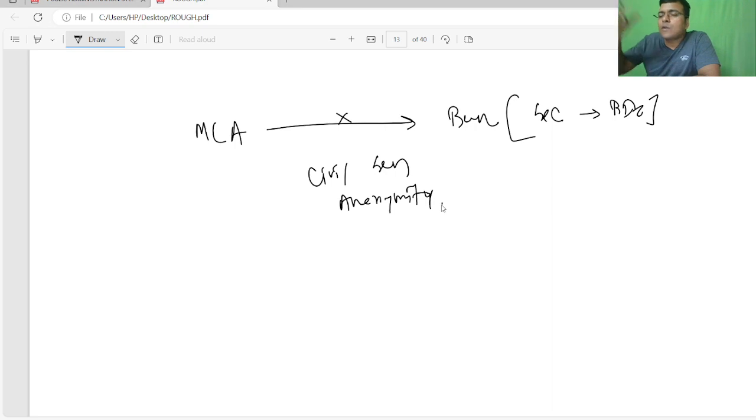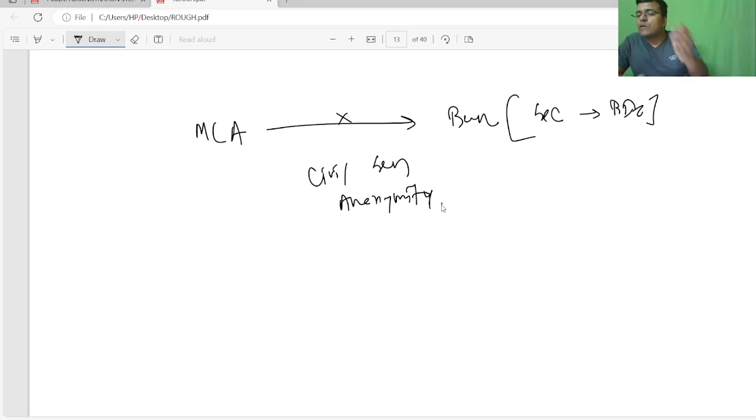We will discuss that later. What is anonymity? The relationship between civil servant and political executive is neutrality and anonymity. We will read in paper 1 unit number 9, paper 2 unit number 10. Same. Relation between political executive and permanent executive. Neutrality, anonymity.